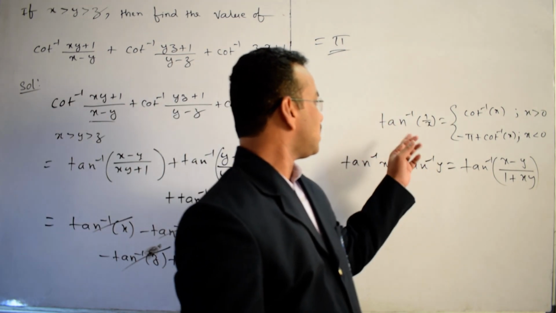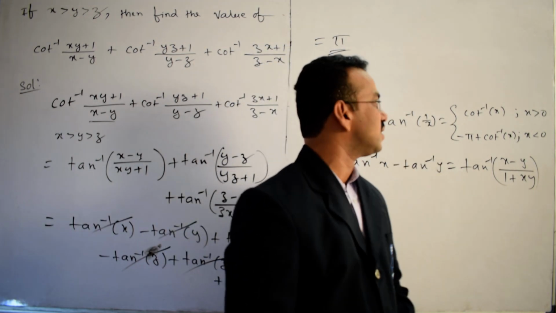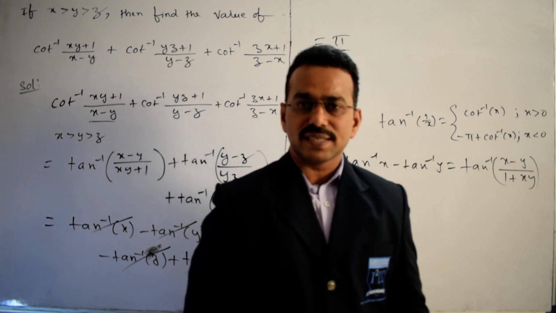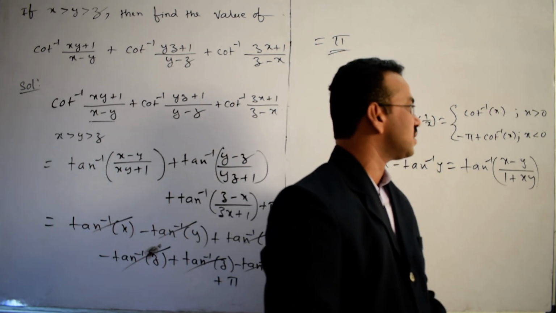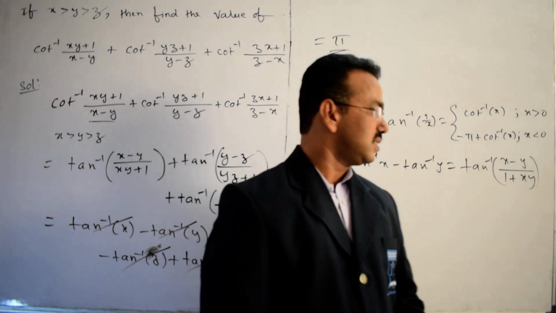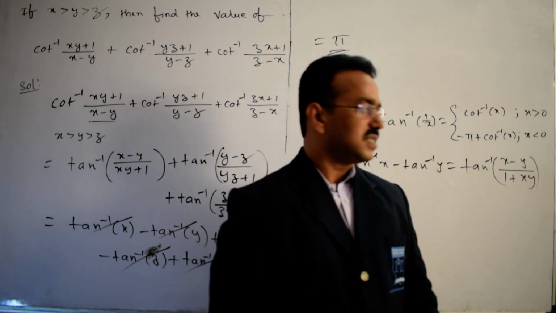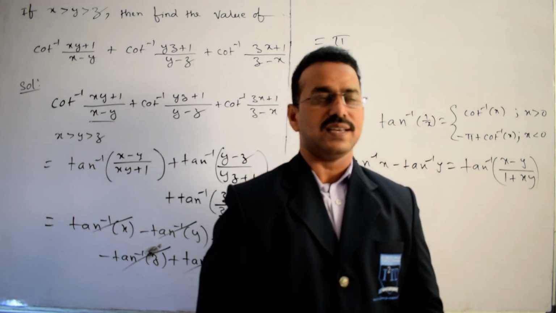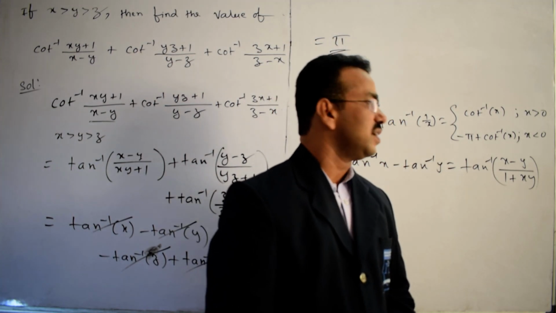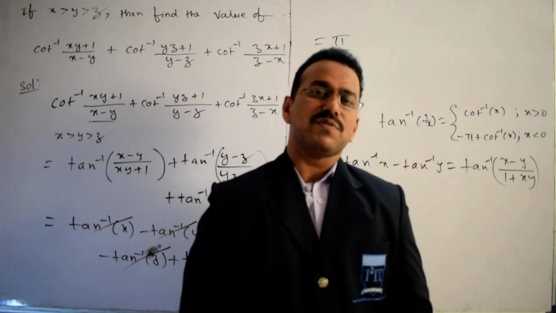First one is tan inverse of 1/x equals cot inverse of x when x is greater than 0, and minus pi plus cot inverse of x when x is less than 0, and one more standard formula, tan inverse of x minus tan inverse of y equals tan inverse of (x - y)/(1 + xy).